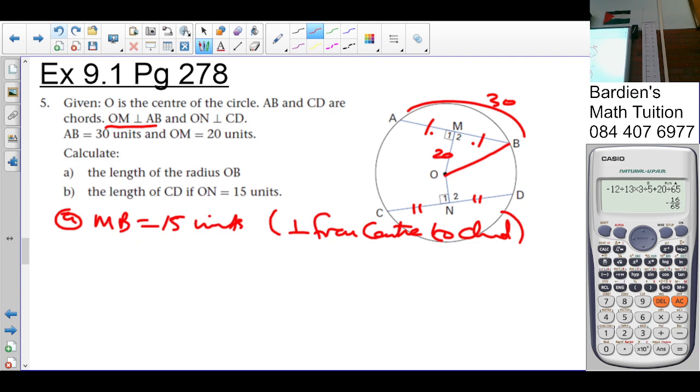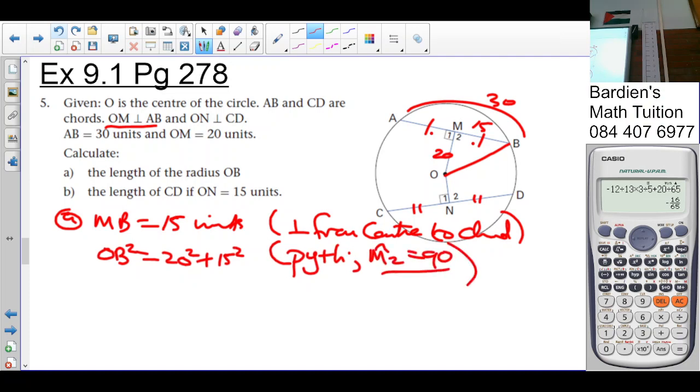Okay. So this is now 15 here. Now I can apply Pythagoras, not so? So we say OB squared is equal to 20 squared plus 15 squared. The reason? Pythagoras with angle M2 equals 90 degrees. People, that's the most important part of that reason. If we leave Pythagoras out, it's fine. If we leave out the angle that's 90, you're definitely going to be penalized. Okay.